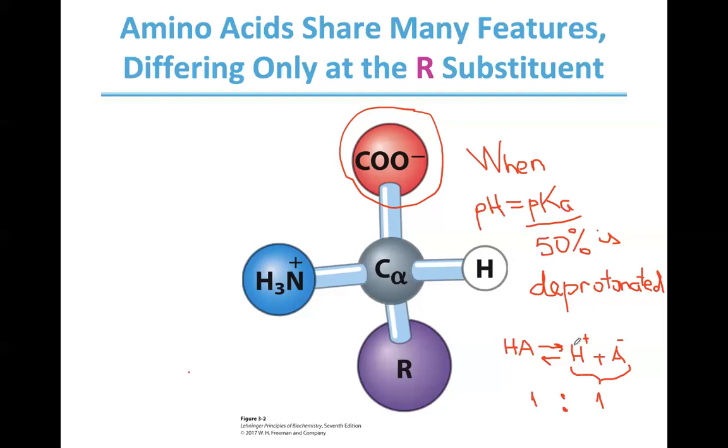You raise the pH, you go right. And the protonation and deprotonation will depend on the pH value. Okay. Does this make sense? All right, so we will develop this concept as we go further into the lecture.